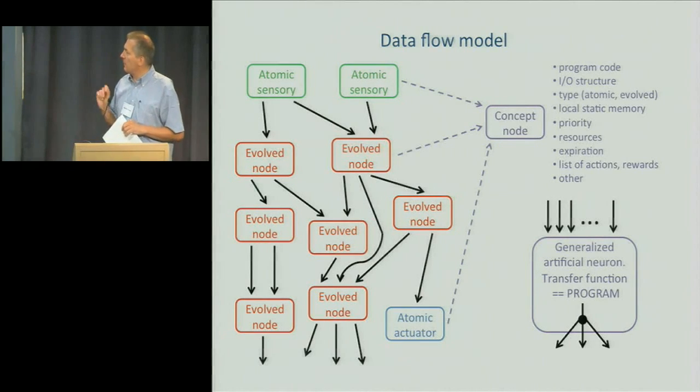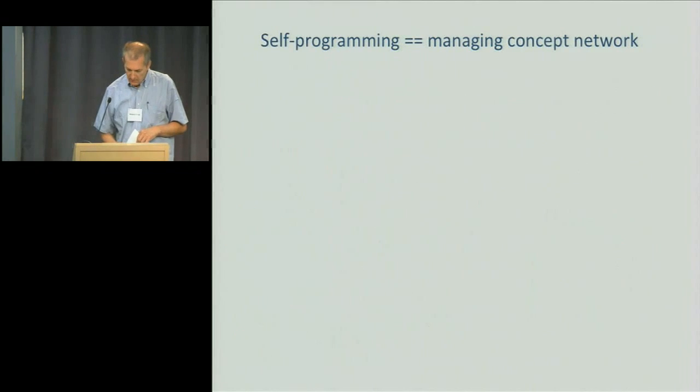However, this explanation is imprecise, as you can see there is a case of a double link, which doesn't make sense in this configuration. I will come to this later to explain. So in our approach, what we mean by self-programming is managing the concept network.